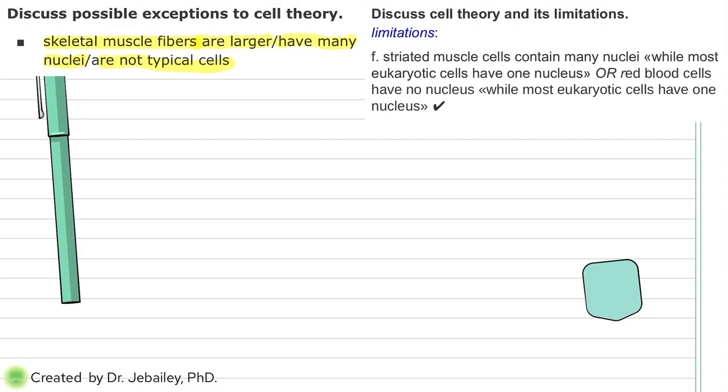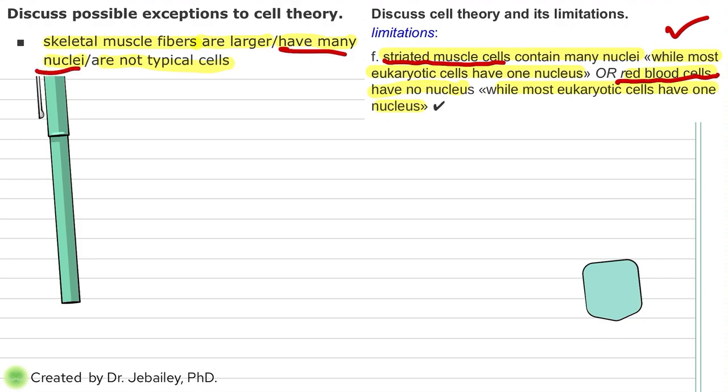Look on this side. It says striated muscle cells contain many nuclei, while most of the other eukaryotic cells have 1. Or you can say red blood cells have no nucleus, while most eukaryotic cells have 1 nucleus. So you have 2 options. Is the mark scheme going to be the same? No. In this one, they add a little bit more. They talk about how red blood cells have no nucleus, while the striated muscle cells have many nuclei. On the other one, it just mentions that they have many nuclei.